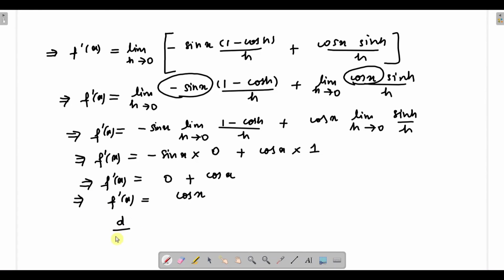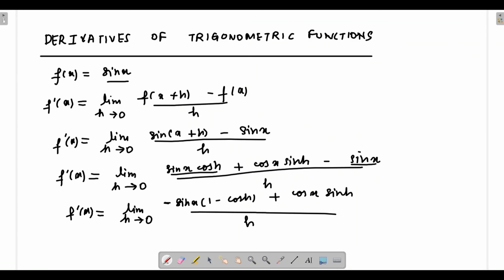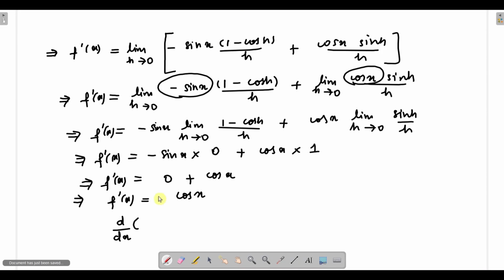So that means the derivative of f x, what was f x? f x was sin x. So the derivative of sin x is equal to cos x. So you can see we have got a formula for the derivative of one trigonometric ratio, that is sin x, and that is nothing but cos x.